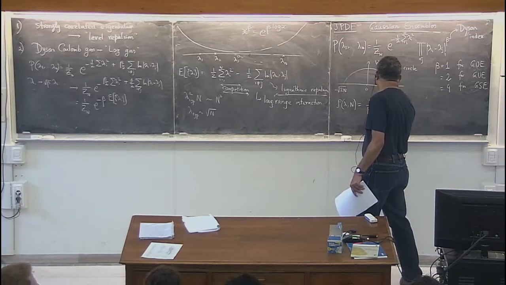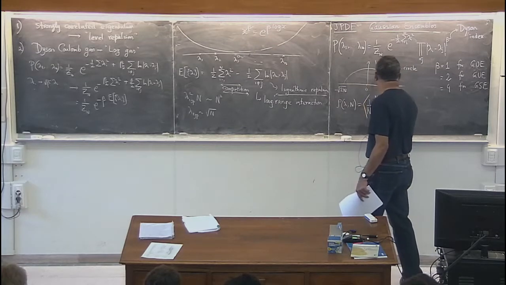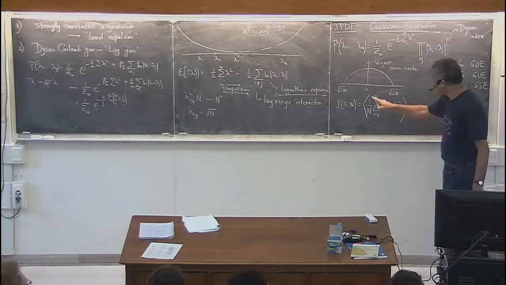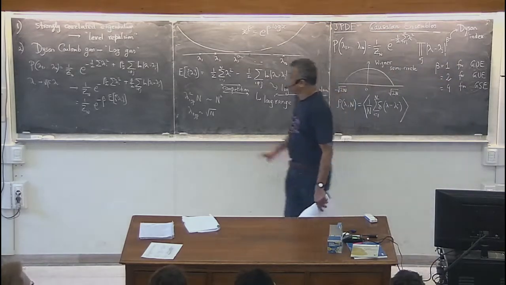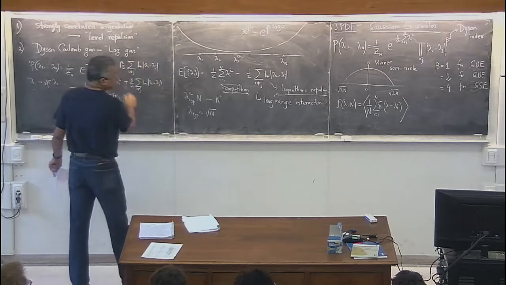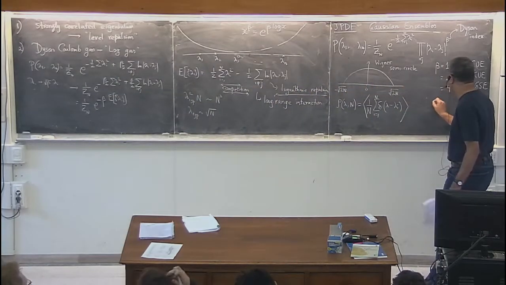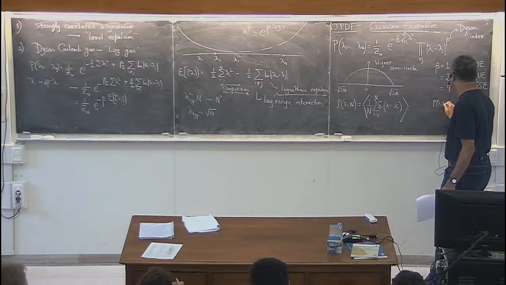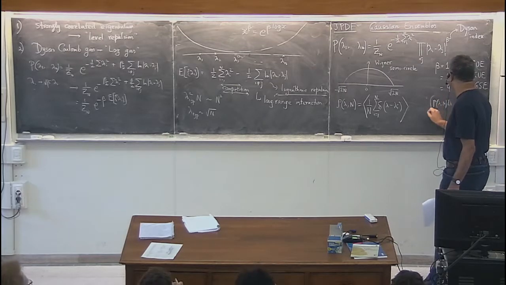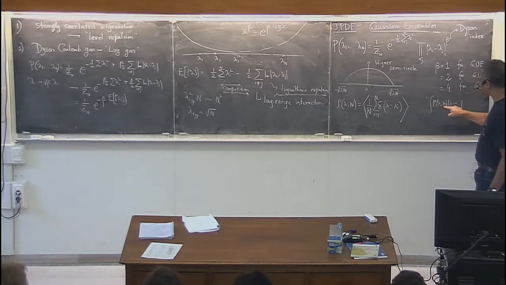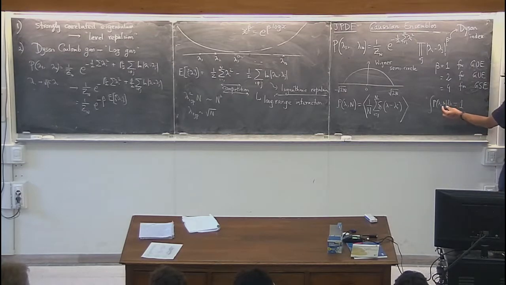So you see, this object is normalized to 1 by definition. So if I integrate this, it should be equal to 1. It just tells me what fraction of eigenvalues are between lambda and lambda plus d lambda on average. And we have already seen that typically the scale of these things is root n.